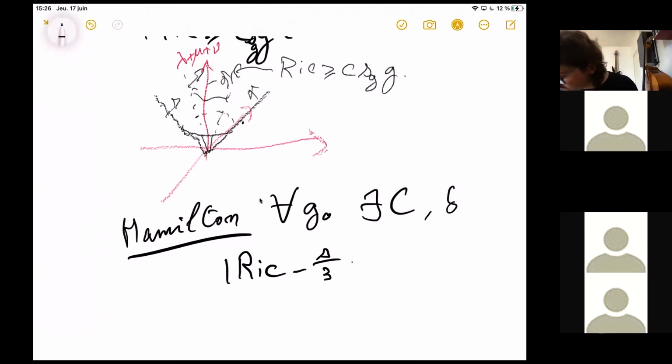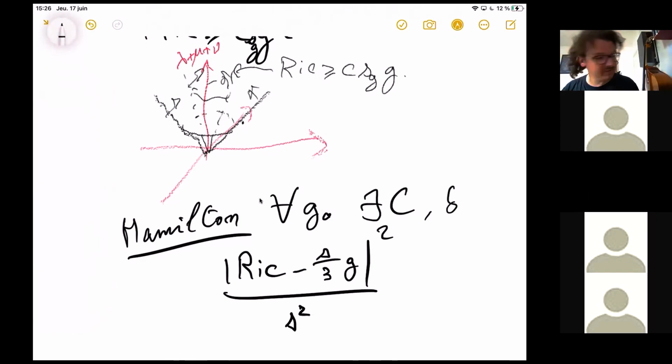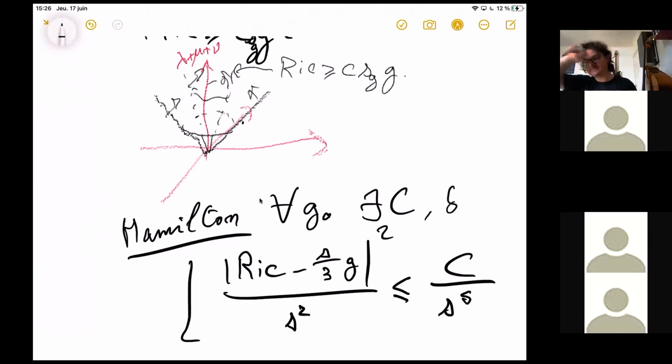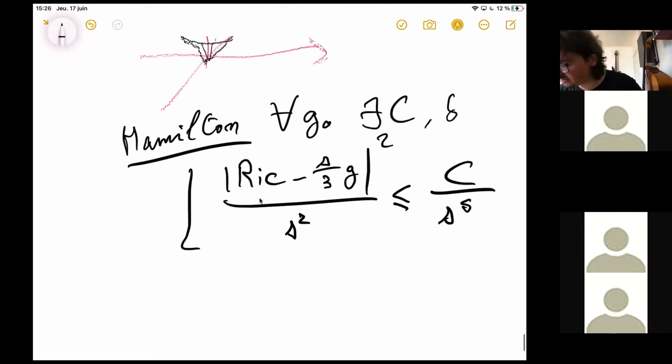So if this has zero norm, then Ricci is equal to a multiple of the identity. M is Einstein, and we're more or less done. We will make that scale invariant. And what one can show is that this is true. And this is once again computations using the maximum principle. This one is a little bit more involved than the previous ones, but that's actually okay. Now 5 minutes. Okay.